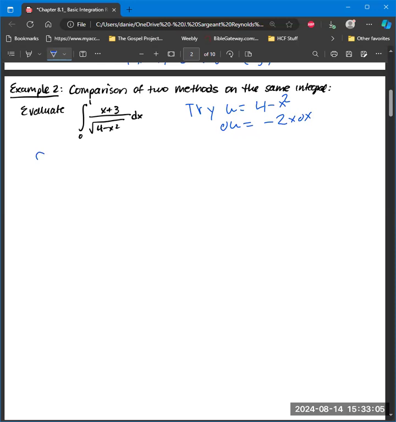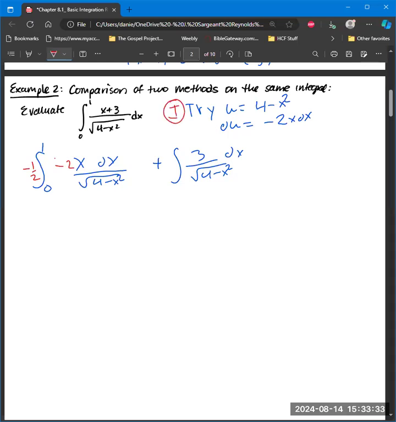Let's split the integral here: 0 to 1 x dx over root 4 minus x squared, plus 3 over root 4 minus x squared dx, like so. Then we're able to make this a negative 2 and a negative 1/2 here to fix that one for integral 1. It's right here. This is going to be integral 2.